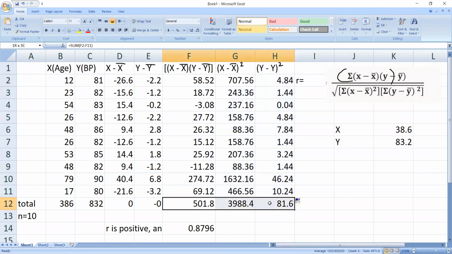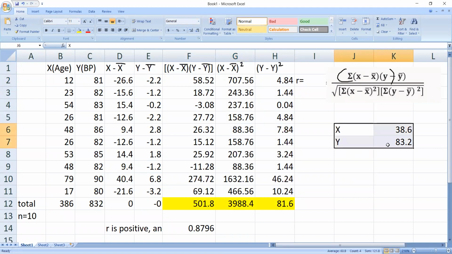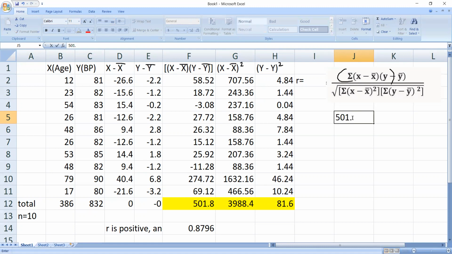So you have got the total of x minus x bar into y minus y bar, x minus x bar square, and y minus y bar square. So I'll remove the mean. Now comes the substitution part. In the numerator, that is 501.8, and then in the denominator you will have the square root of 3988.4 into 81.6.